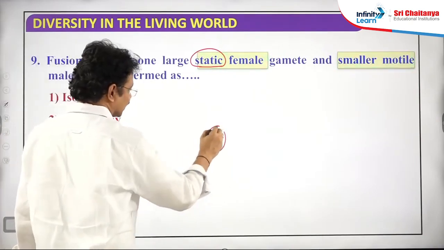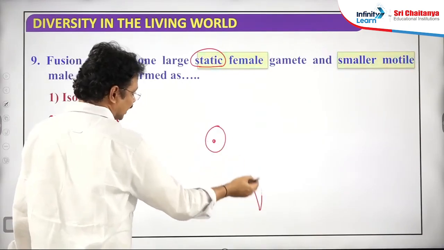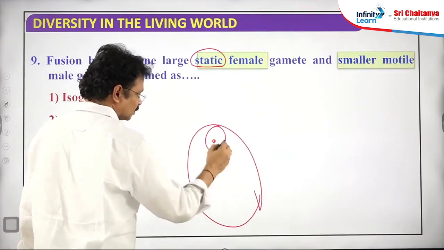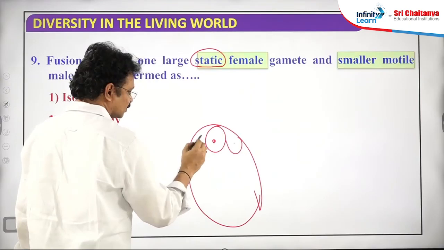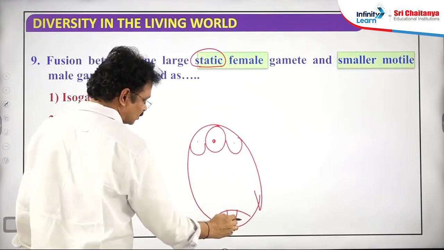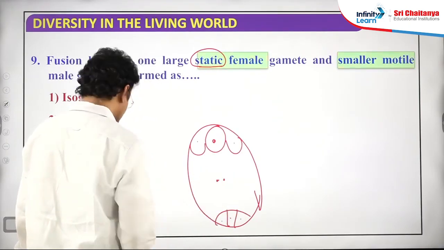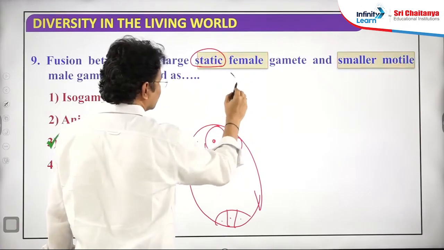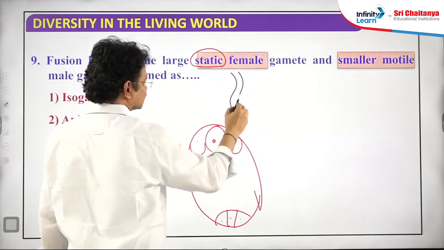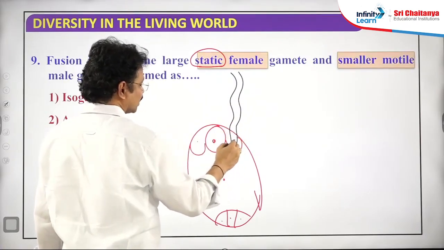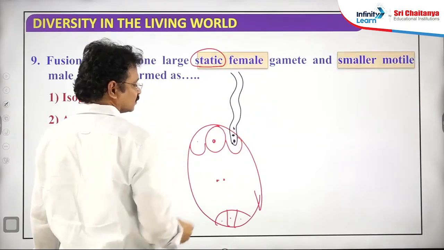The female gamete or egg is large and stationary in the embryo sac: one egg, two synergids, three antipodals, two polar nuclei. The pollen tube carries the male gametes because these two male gametes are non-motile.